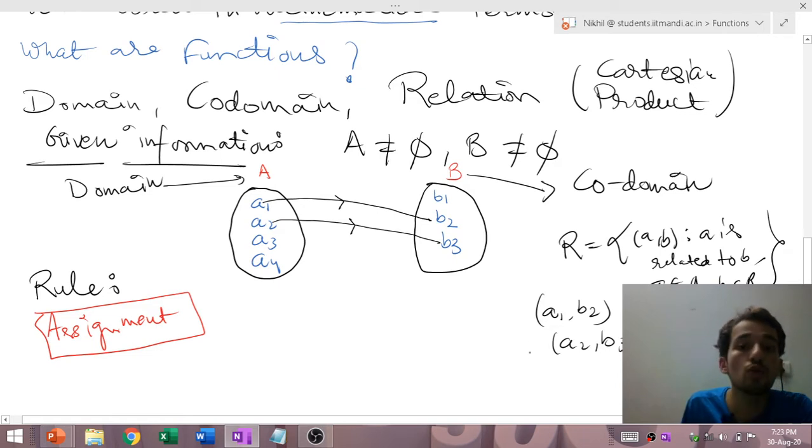But there are still two more elements left in the domain. Suppose I relate my A3 with B1, and finally my A4 with B2.